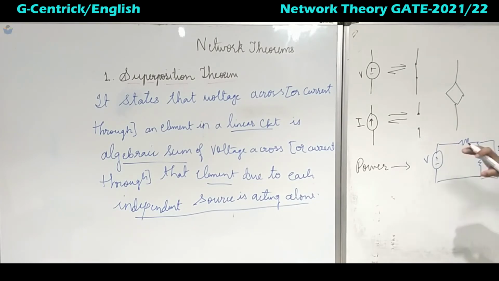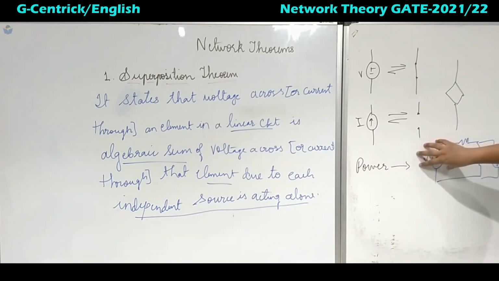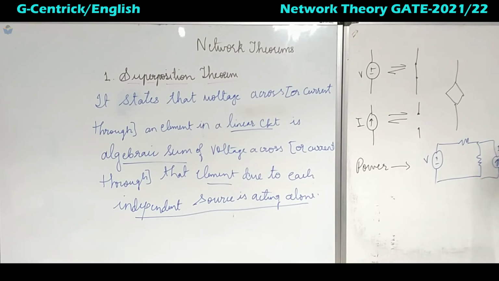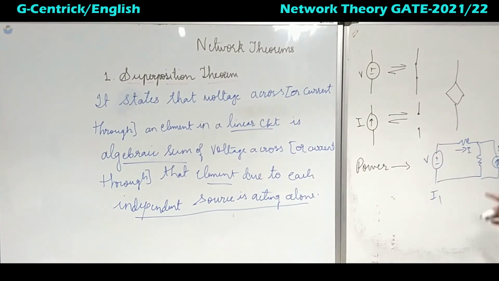If you keep the voltage source active, you have to make the current source inactive. Suppose they ask for the current through this element: calculate I1. Next, make the voltage source inactive and keep the current source active, then calculate I2. The sum I1 plus I2 will give you the net current.